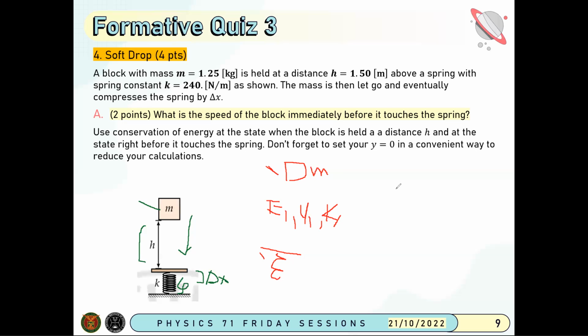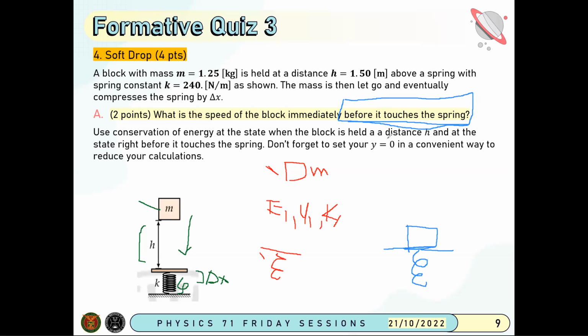Now, ang final state natin will be just before the mass touches the spring. Ibig sabihin, ito yung platform, ito yung spring, just before. Kaka-hit niya palang halos.